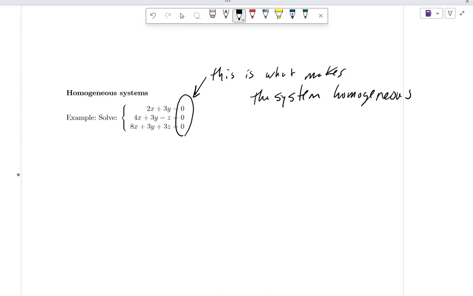What are you guaranteed to have as a solution? For any homogeneous system, what has to be a solution? 0. Yeah, 0 is the origin, right? When you put 0 in for all the variables, you get a true statement, don't you? So absolutely every single homogeneous system is consistent.